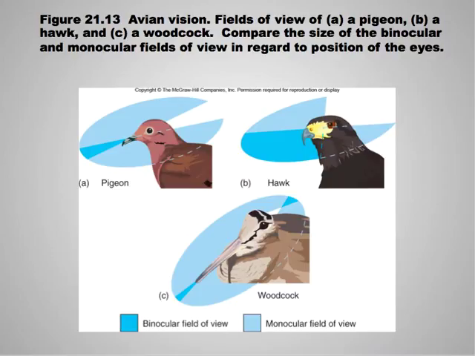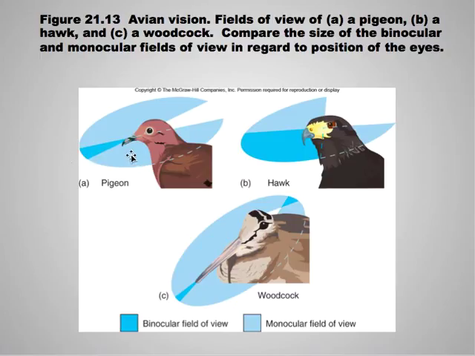If we look here at a pigeon, which is going to hunt seeds, each eye, most of it is looking at its own item. So the pale blue is its monocular field of view. This eye is looking only over here, the other eye is looking only over here. What they can see together is just this dark blue triangle.